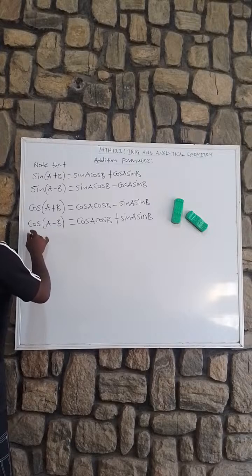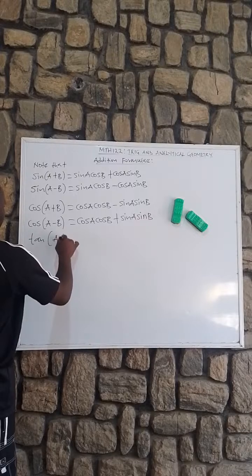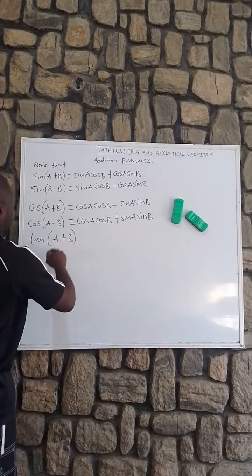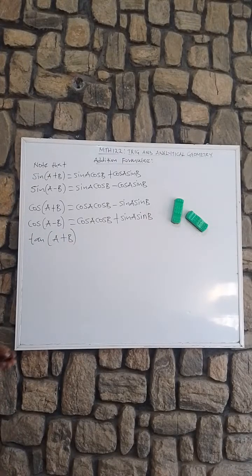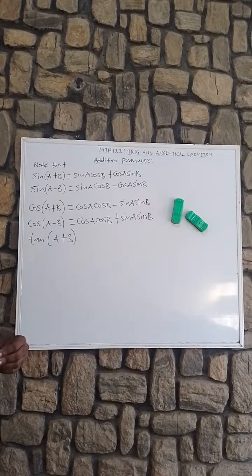Then what will happen to tan A plus B? What will happen to tan A plus B? What will happen?